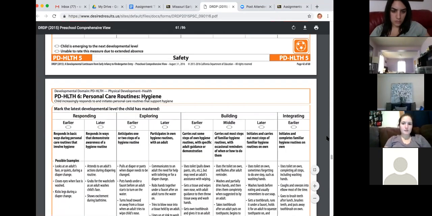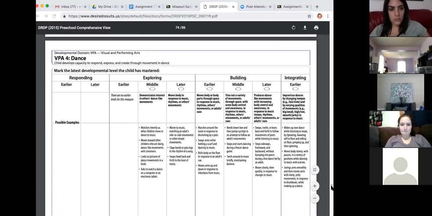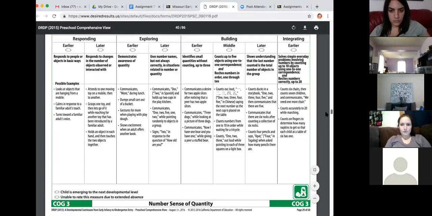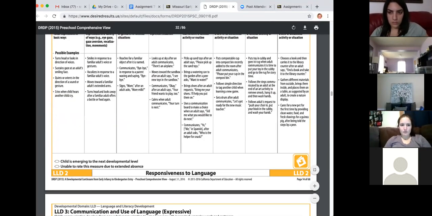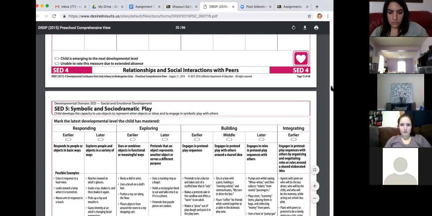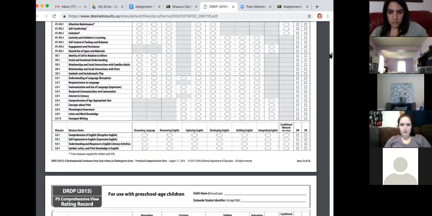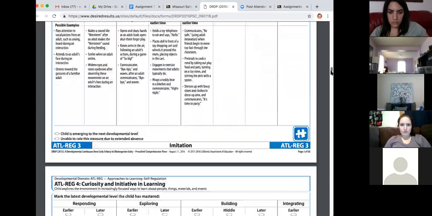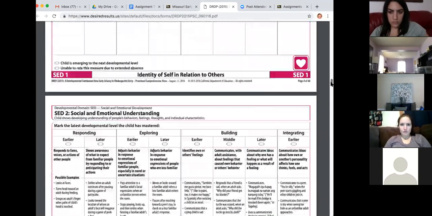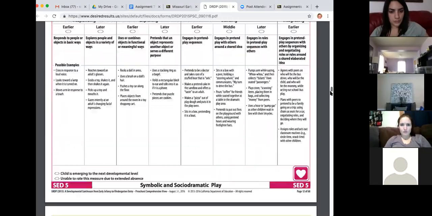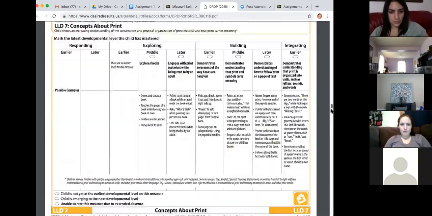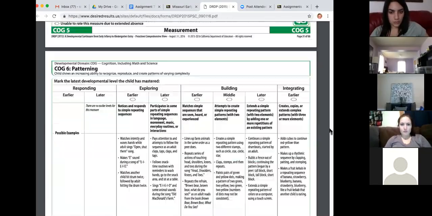So one thing I want to point out, and I should have pointed this out earlier, because several of you have classification. I'm going to get to it. Sorry, I'm scrolling. All right.